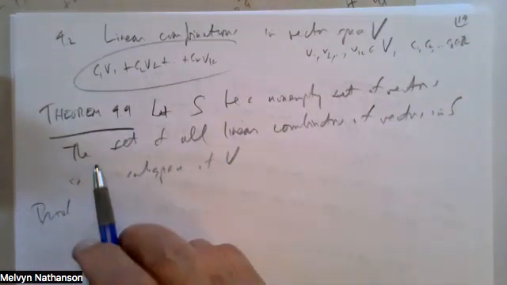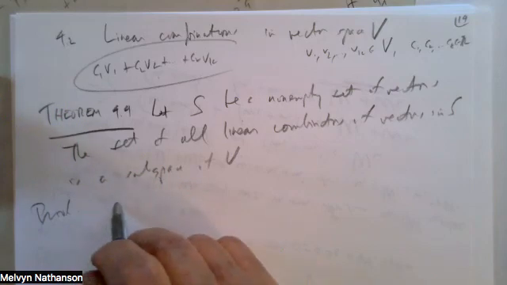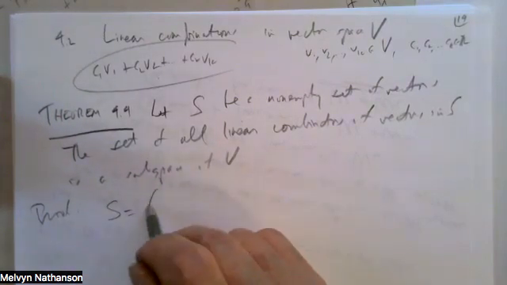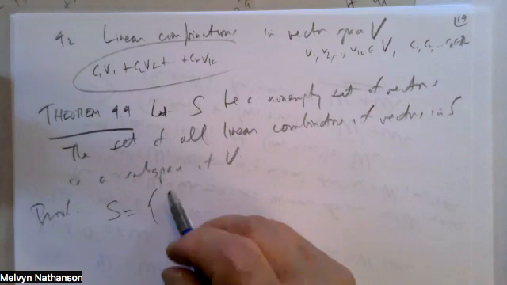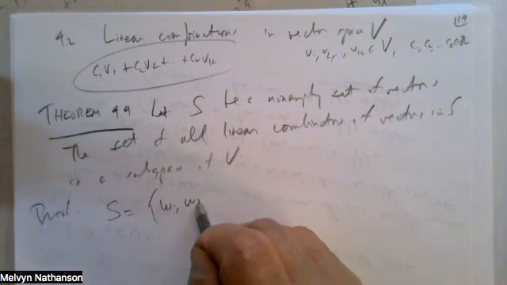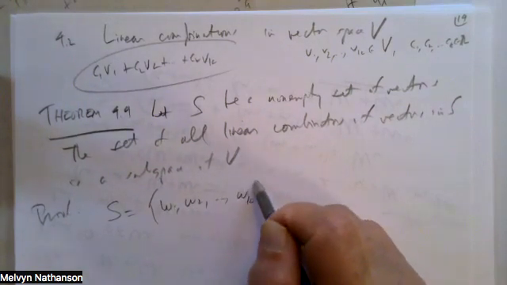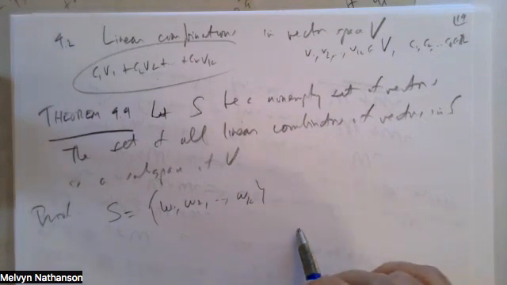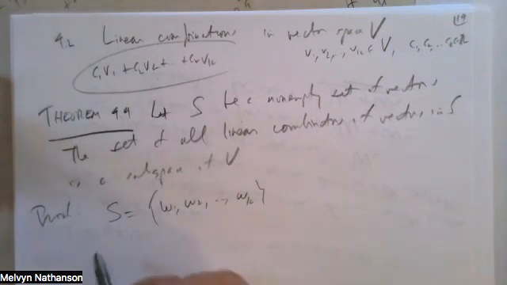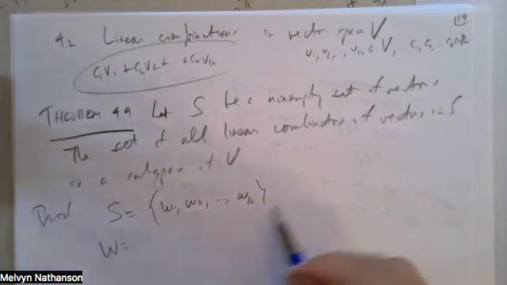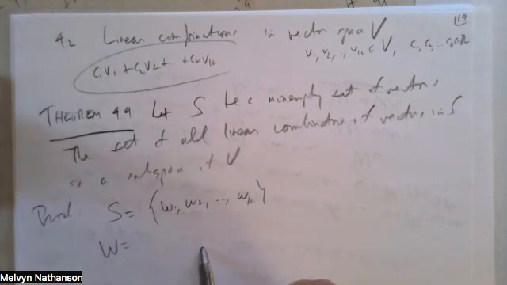And the proof goes as follows. Let's just consider the case when S is a finite set. So S consists of vectors w1, w2, up to wk. And we let W be the set of all linear combinations of these vectors.